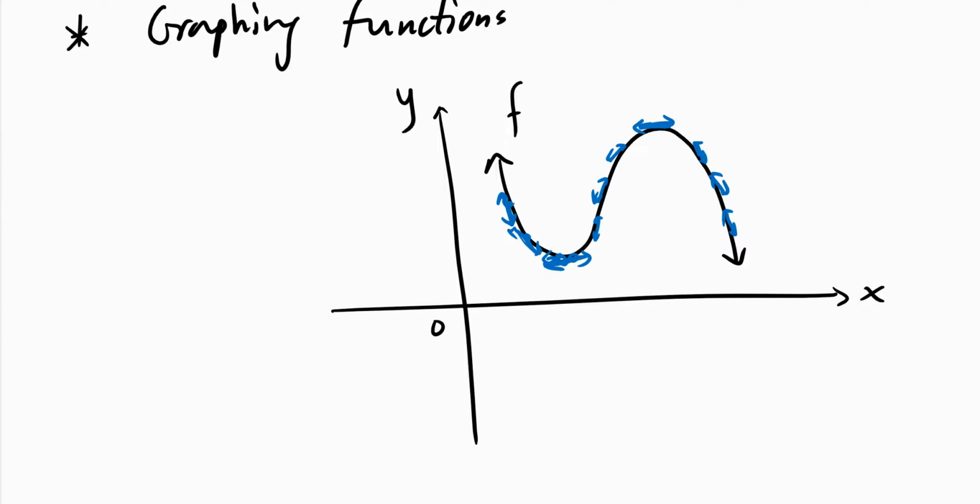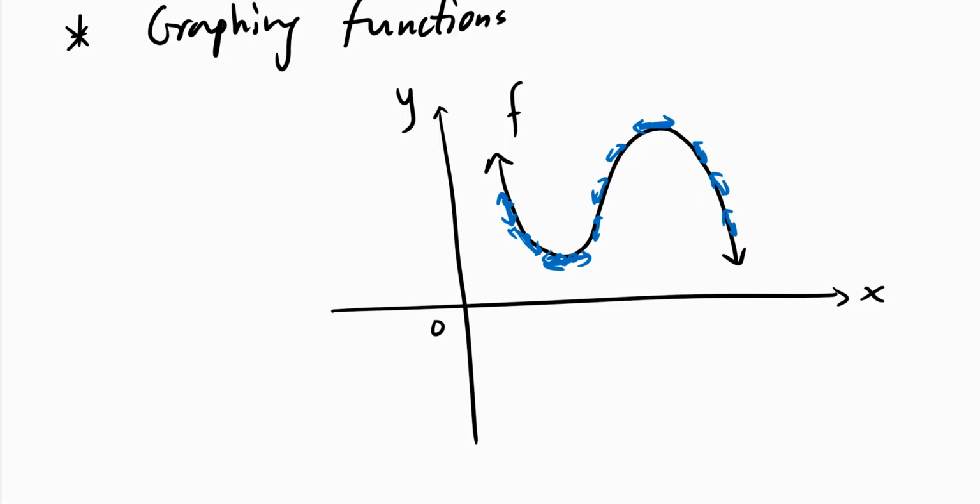So notice something here, based on these tangent lines that I drew, the first two or three of them show that the graph is going down. So they have a negative slope. And remember, the derivative at that point is really the slope of the tangent line.